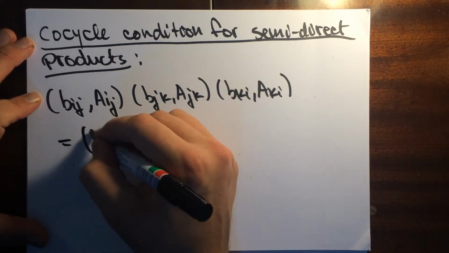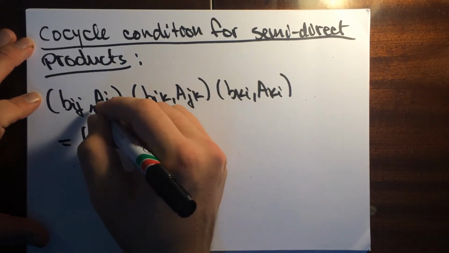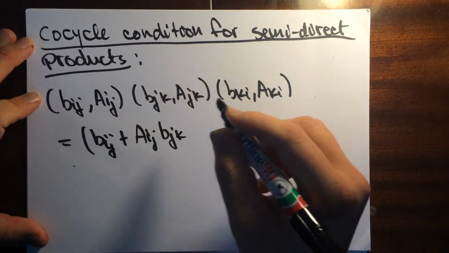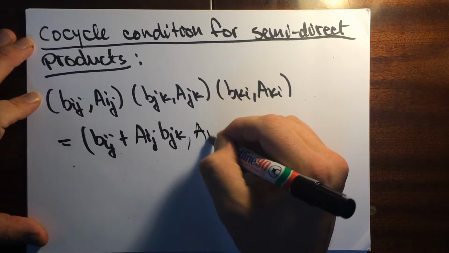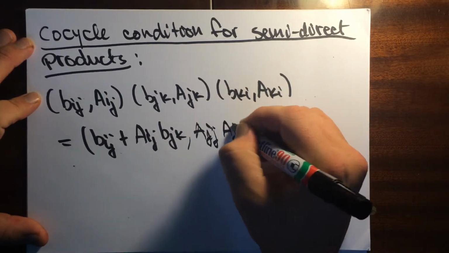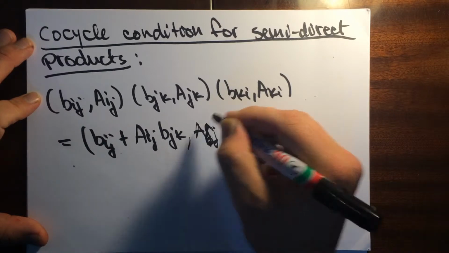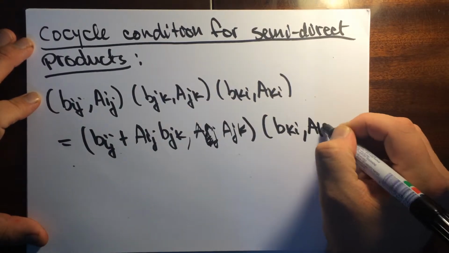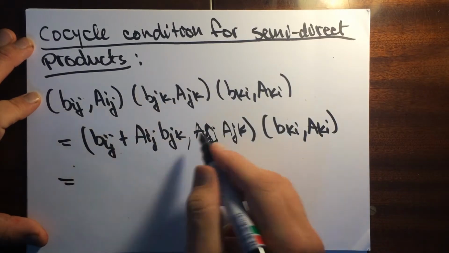Okay, and what happens here when we write this out? Well, this thing is Bij plus, and then we multiply A1j, Bjk, and then we multiply these two, Aij, Ajk, this is an I, and then Bki, Aki, and now we do it again.